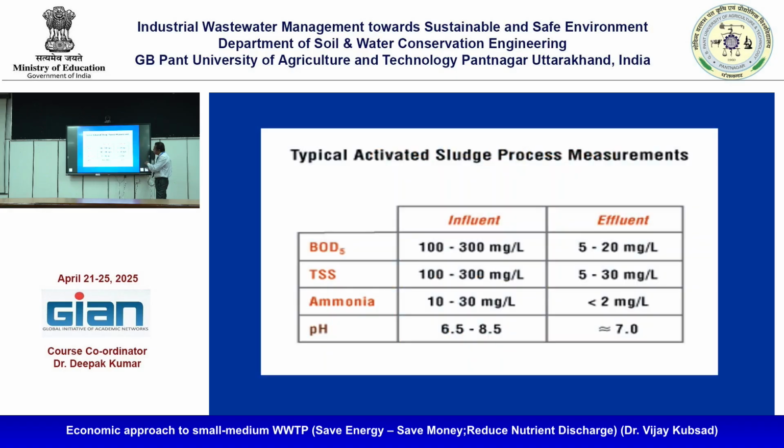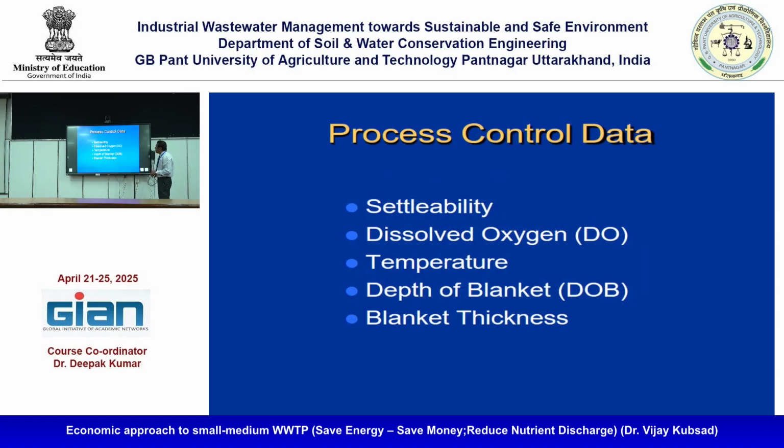Regulatory data, we have seen how to analyze this. These are the normal values of the activated sludge process. Then you see the process control data, they are intact. Because when you are discharging the effluent, if you are not maintaining the temperature, if you are just discharging, it causes problems. It is possible to search for neutralization within the process plant.